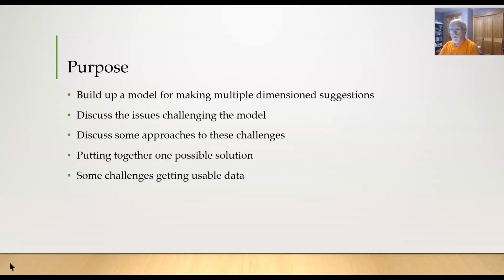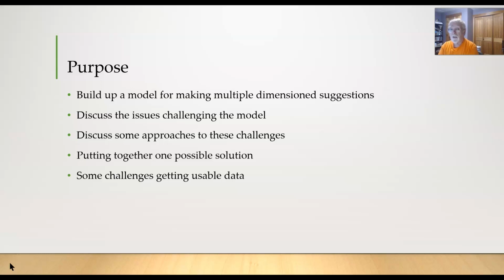So let's go through. We're going to build up the model and look at the factors which we try to consider. You look at the issues challenging the model, and the issue challenging the model is generally one of limited knowledge or poorly documented knowledge. We are also going to look at some of the approaches that can be done. There's more than one way. It's not 1 + 1 = 2.